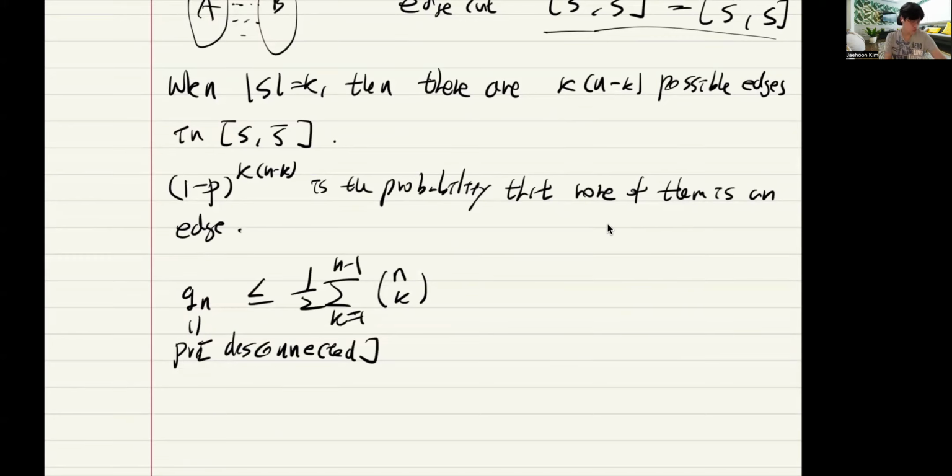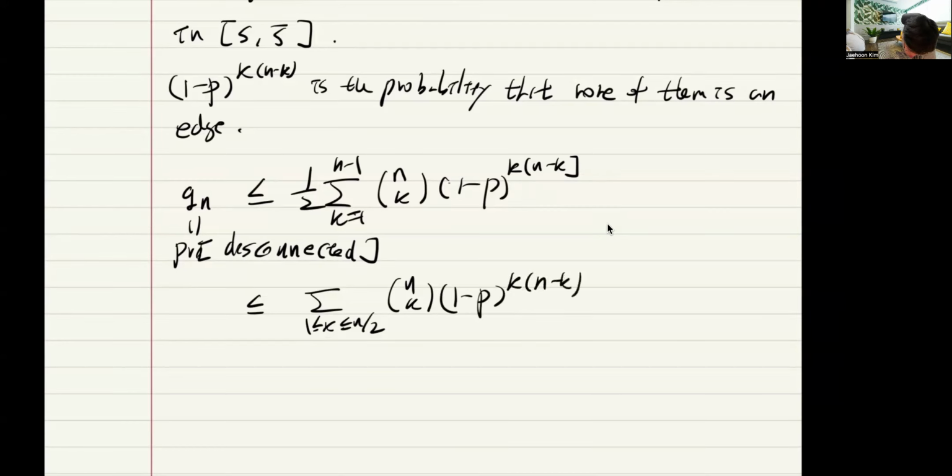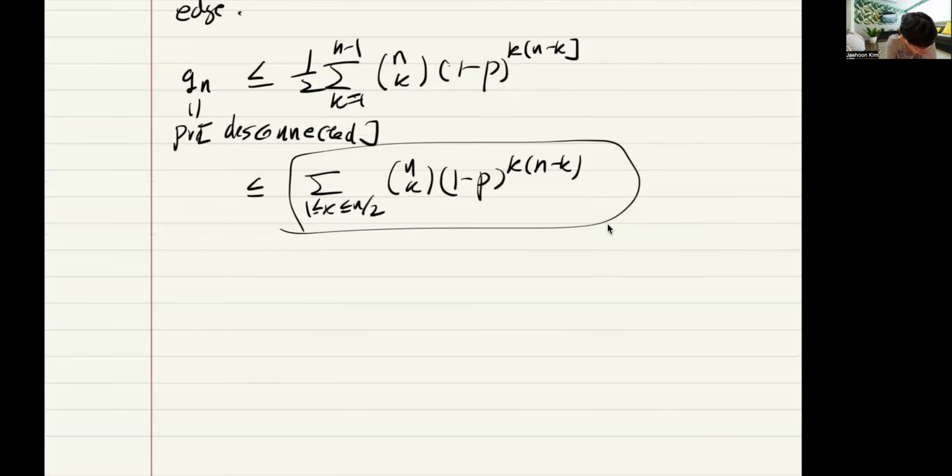You choose an edge cut, and the probability that they form a disconnected graph, with no edges between them, is this. Just because of the symmetry, it is n to the k times (1 minus p) to the k(n minus k). So we can write it this way.